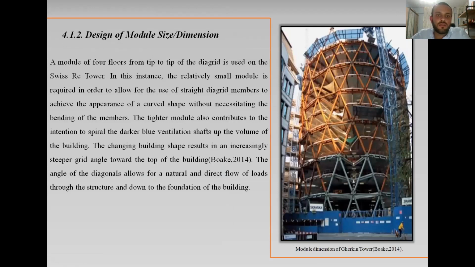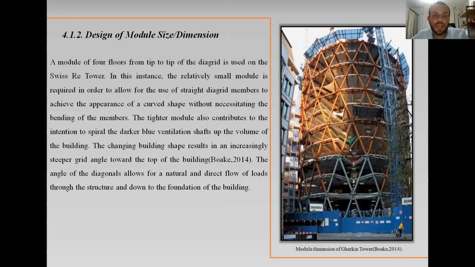Design of module size dimension. A module of 4 floors from tip to tip of Diagrid is used on the Swiss tower. In this instance, the relatively small module is required in order to allow for the use of straight Diagrid members to achieve the appearance of the curved shape without neglecting the bending of the members.